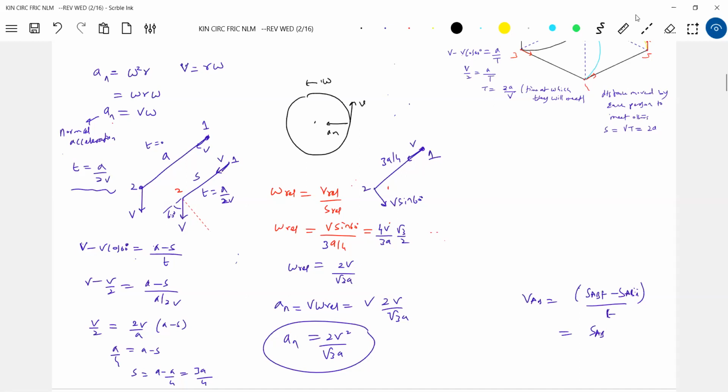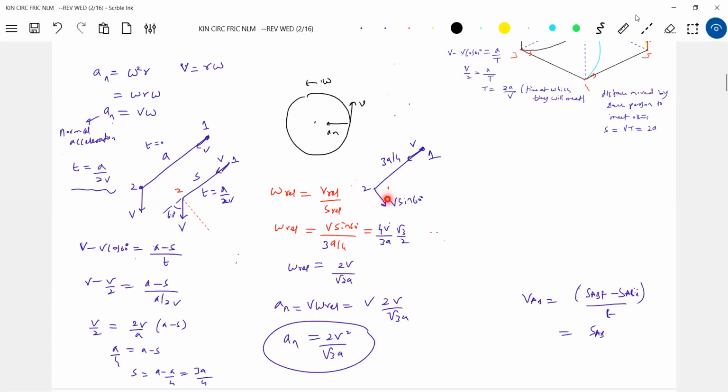So actually, the method is, I think we have some discussion. This particular omega will be directed perpendicular to the plane of paper. I'm showing it here, but the omega here will be perpendicular to the plane of paper. That omega into v will be normal acceleration. And this particular thing is what?